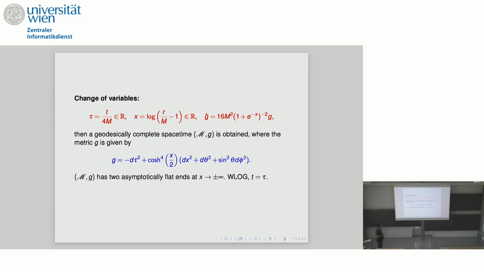That tells you that essentially your geometry is characterized by two asymptotically flat ends when x tends to infinity, okay? Without loss of generality, the time tau will be t, okay? It makes no big difference, okay?